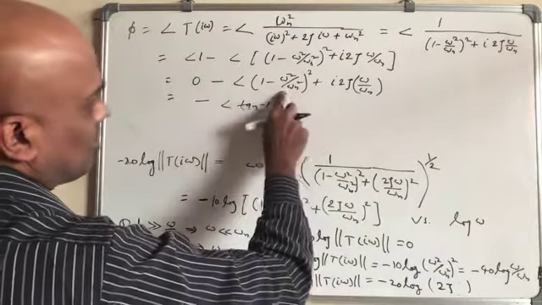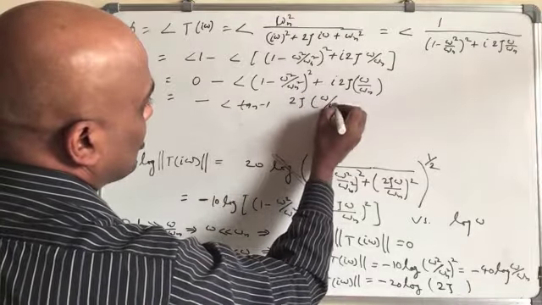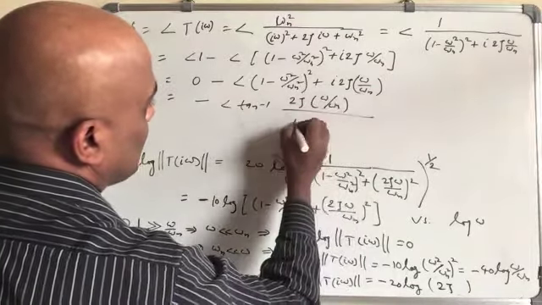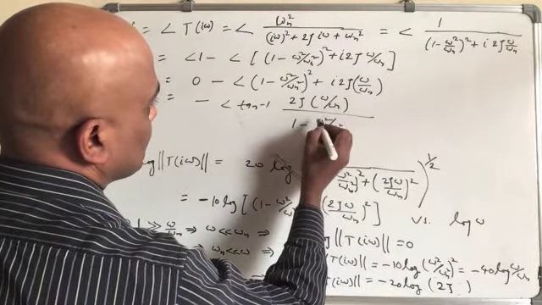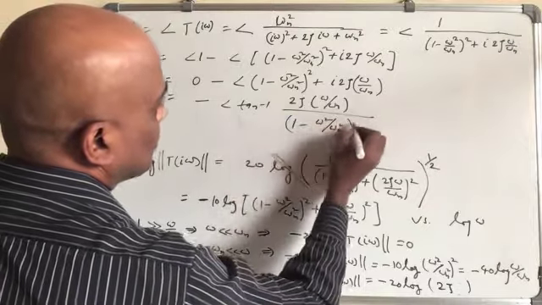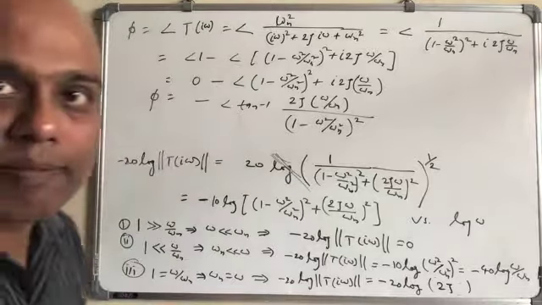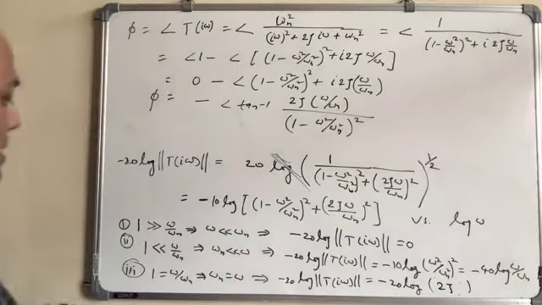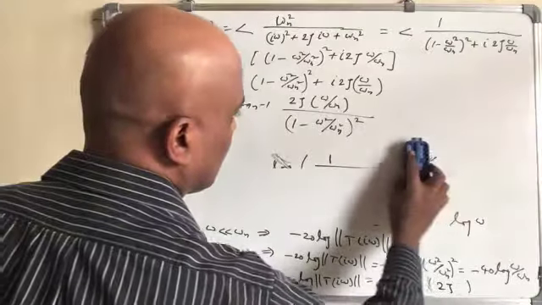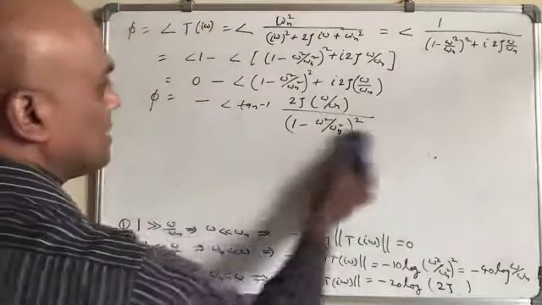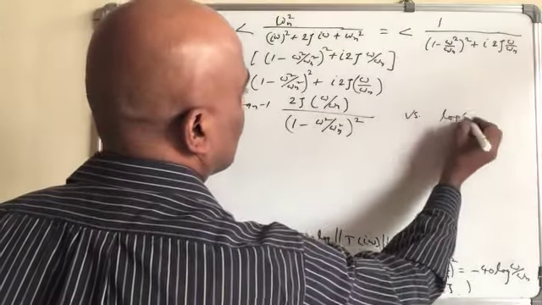You know that this is cos, this is sine, so you get 2 zeta omega over omega n divided by 1 minus omega square over omega n square, right, like this. So this is what the angle is that we know. Now the only thing is to plot them, and this has to be versus log omega.